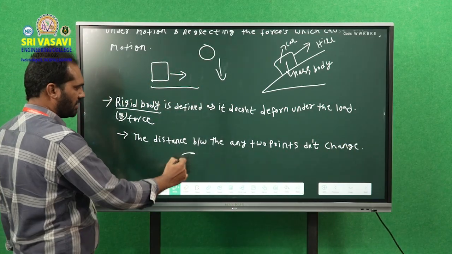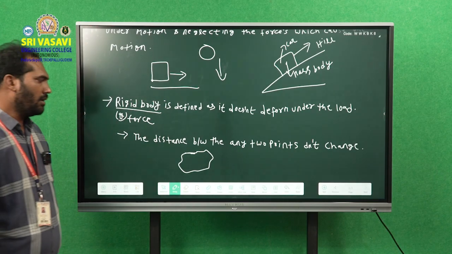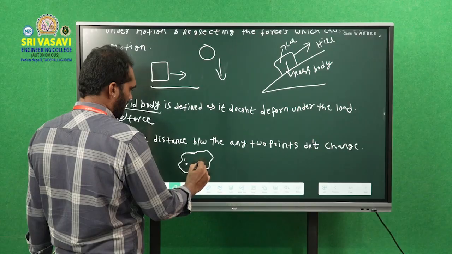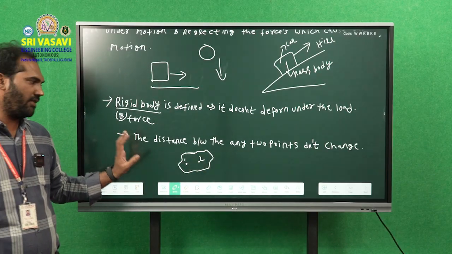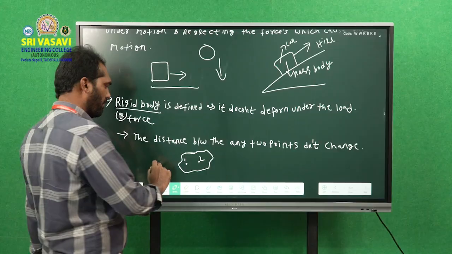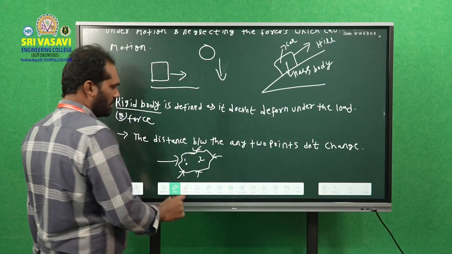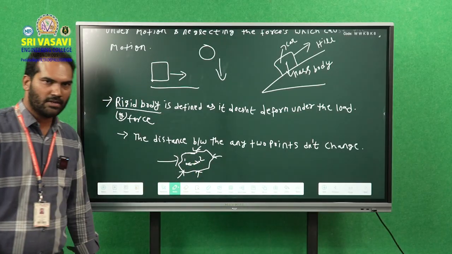If I am considering some irregular shape of a body, and in that I consider some point 1 and some point 2, after applying several forces the distance between these positions should not change.